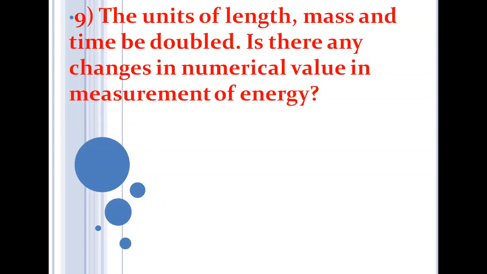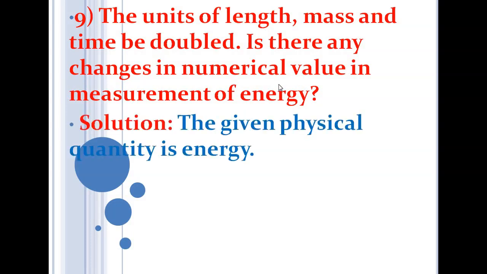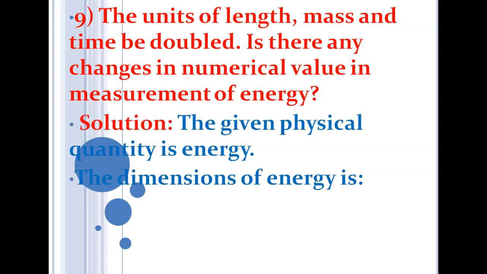The units of length, mass and time are doubled. Is there any change in the numerical value in the measurement of energy? The given physical quantity is energy, and the dimensional formula for energy is M L^2 T^-2.